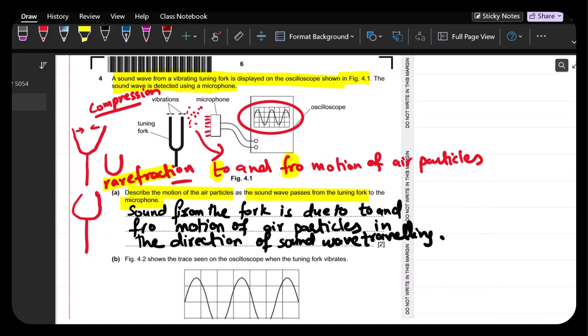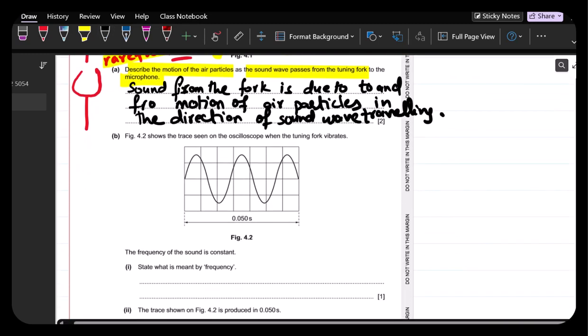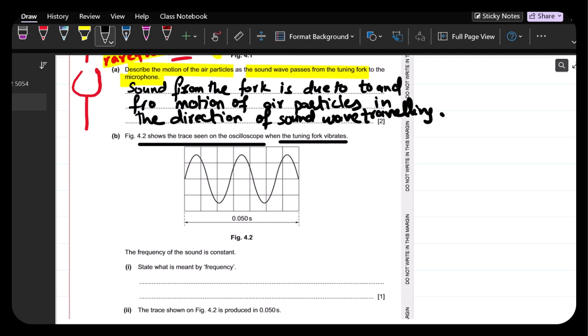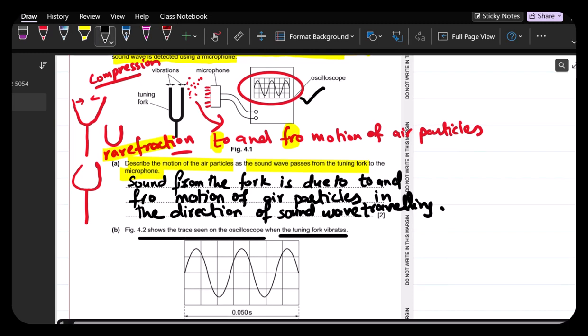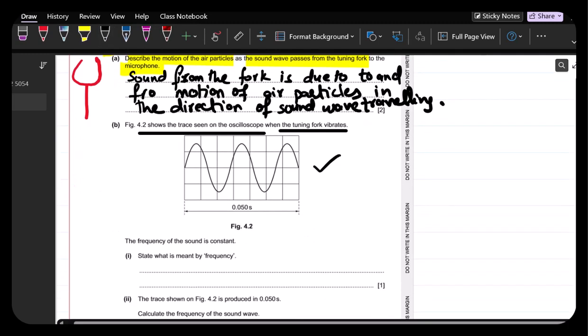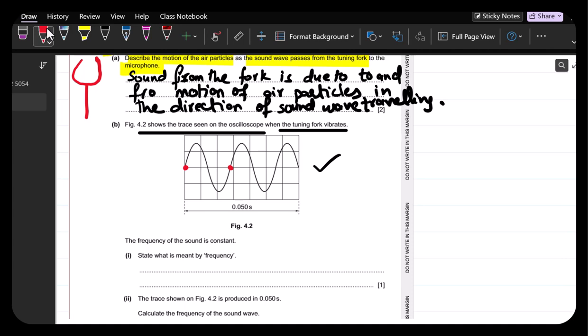So moving to part B, figure 4.2 shows the trace seen on the oscilloscope when the tuning fork vibrates. When the tuning fork is vibrating, you are looking at this oscilloscope, and the same wave is given to you here. So how many waves are created? From here, if I note down, till here it is one wave, second wave, and this half. So 2.5 waves are there.